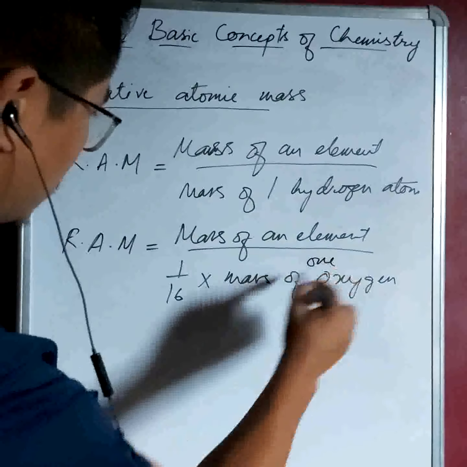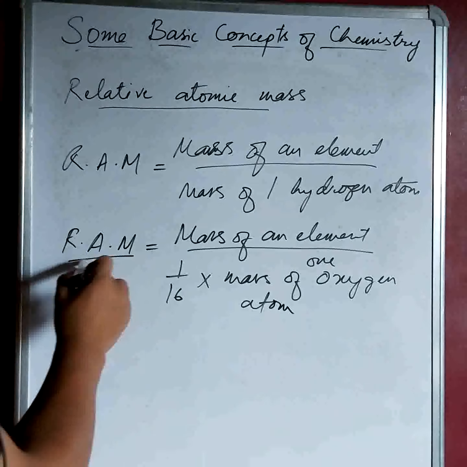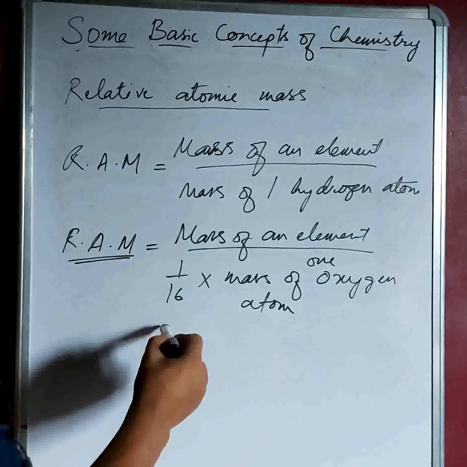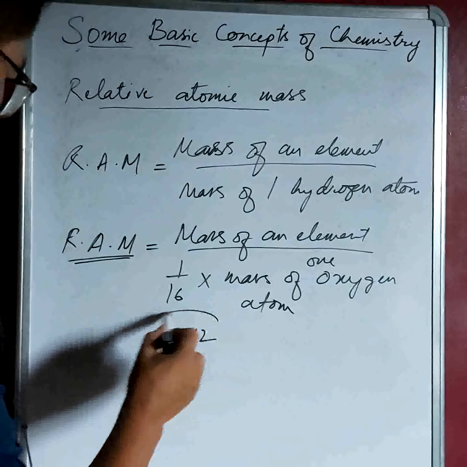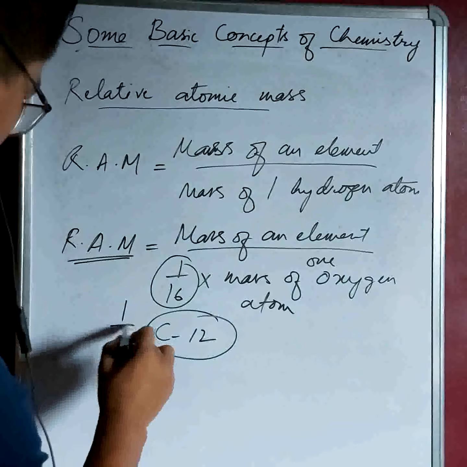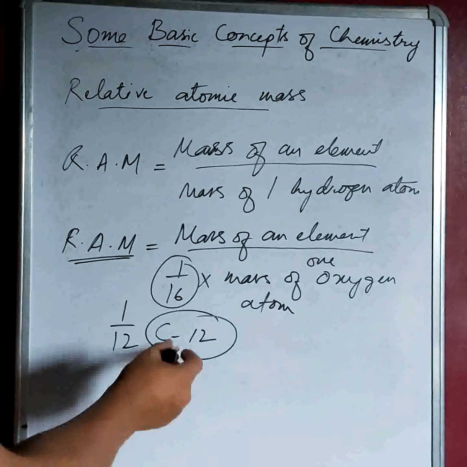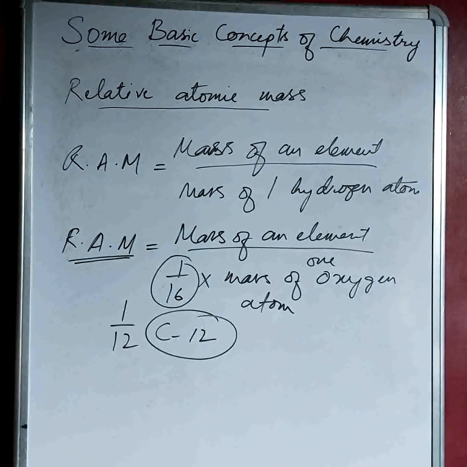But these days we define the relative atomic mass of any element by the mass of carbon 12, which we just replace this by 1/12, because that is the mass of one atom of C12, carbon 12 atom.